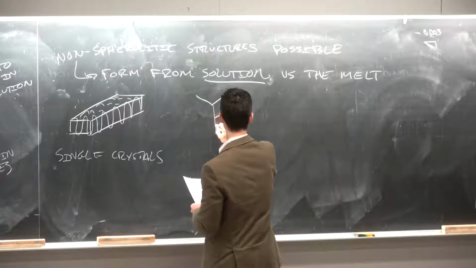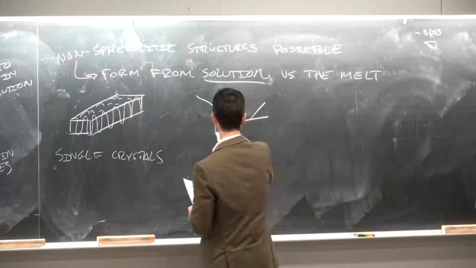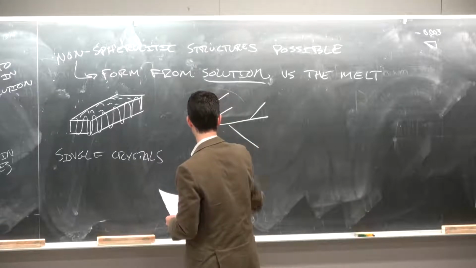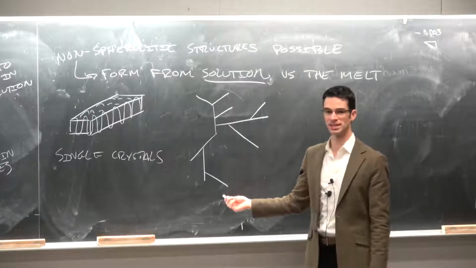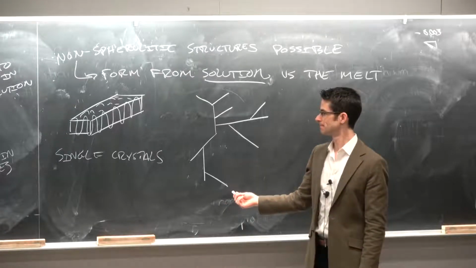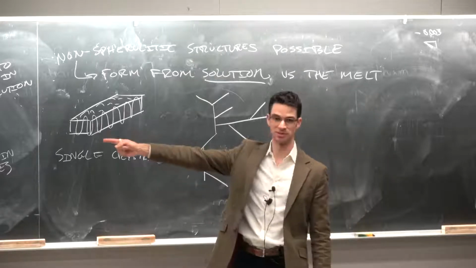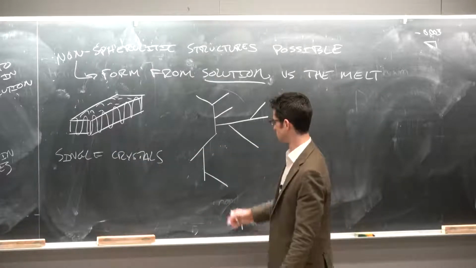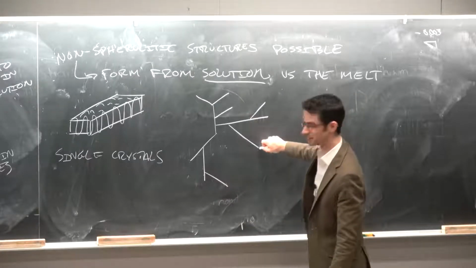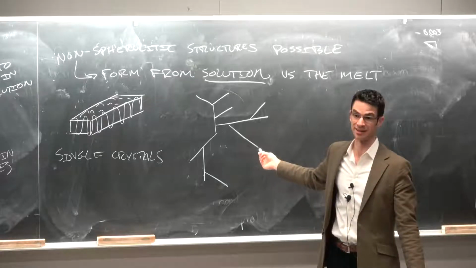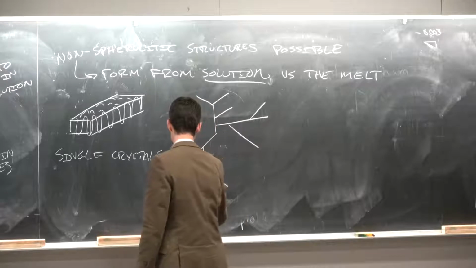Now this is when the monomers add to a growing chain end so fast they don't have time to grow into a spherulite. As soon as one end becomes activated, it just shoots out, almost like uncontrolled polymerization. This is called a dendrite.